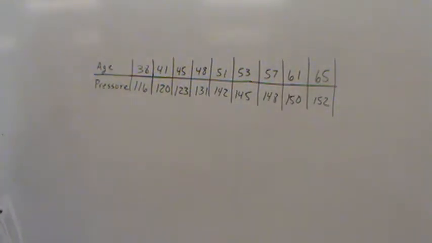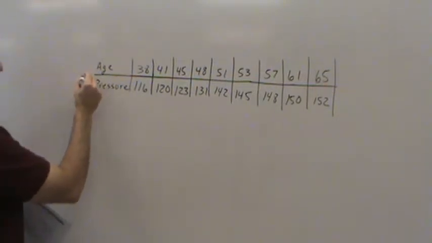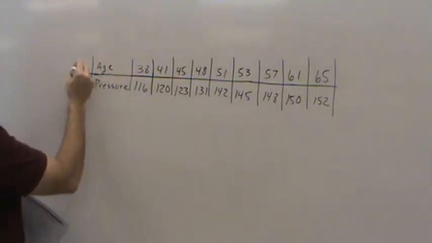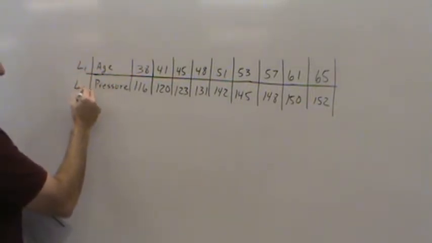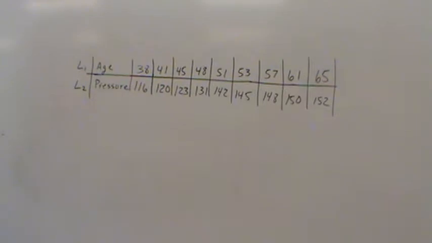Okay. So now, what are we going to do? Well, we're going to put one list into L1 and then one list into L2. So let's do that first. Okay.